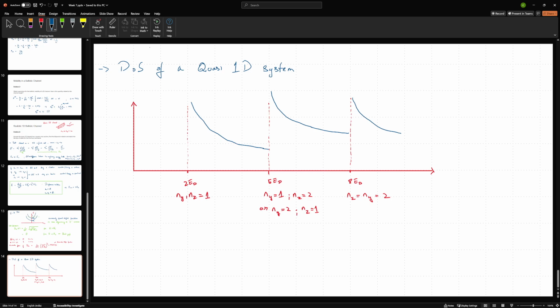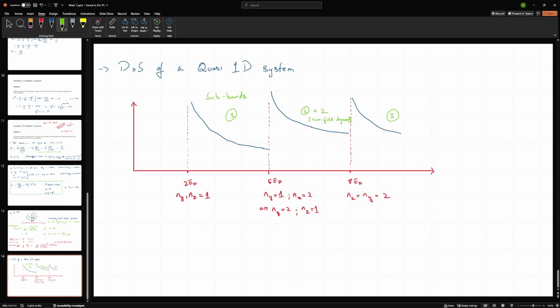So these quantities are what we call subbands. So this is subband 1, this is subband 2, which is actually two subbands, so this is twofold degenerate. And this is subband 3.